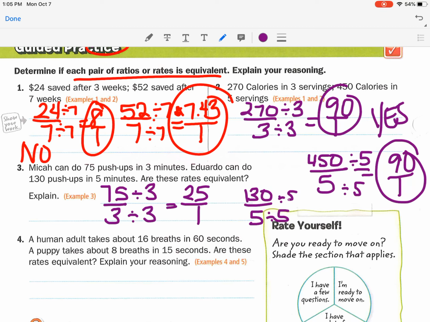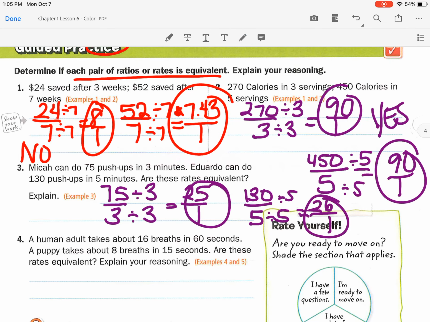So we're going to find that unit rate and divide by 5, which gives me 1, and 130 divided by 5 is 26. So he can do 26 push-ups in 1 minute, whereas Micah does 25 push-ups in 1 minute. So therefore, they are not equivalent because Eduardo can do 1 more per minute than Micah.